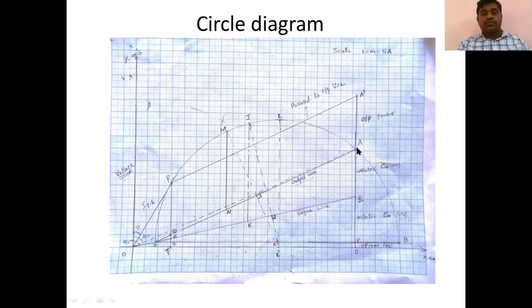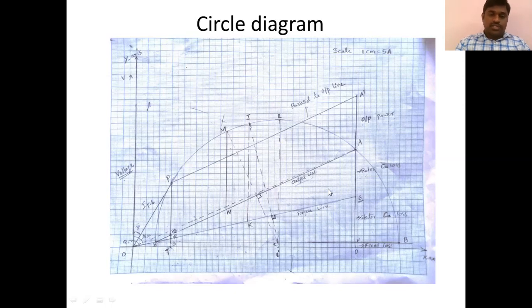So now we are getting point A. From A, we already have O dash, so O dash A you have to join. This O dash A line is called the output line. Now we have to make a perpendicular bisector to this O dash A line to get the center point.